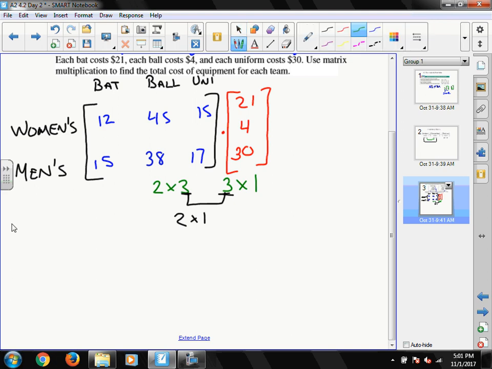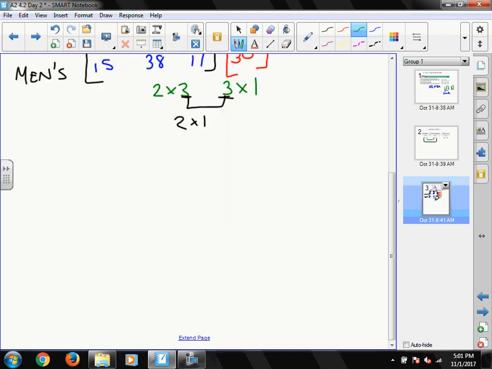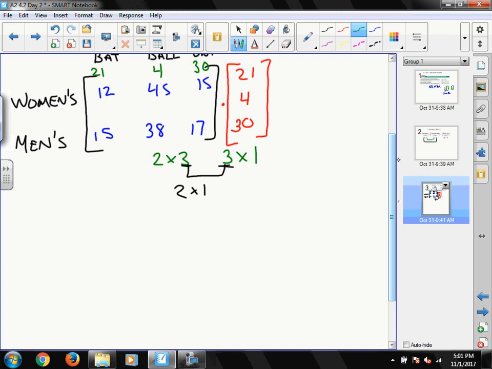Now, just like before, we're going to slide this column matrix of 21, 4, and 30 up over the top. So 21, 4, and 30. And I multiply away down my column. So my new matrix is going to end up with 12 times 21 and 15 times 21.